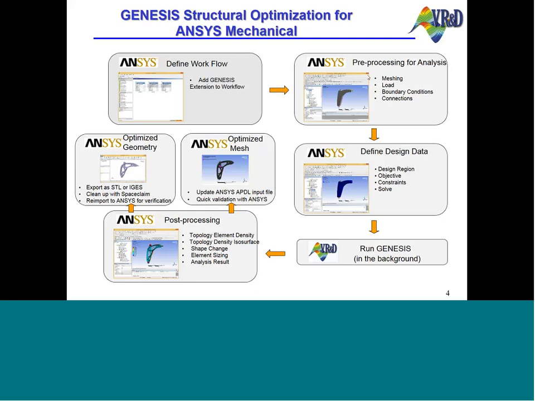And then the user will go to the ANSYS Mechanical to do the pre-processing for the analysis. For example, they define the meshing, define load and boundary conditions, and then they can move to the Genesis toolbar to define the design data. The design data include design region, objective, and constraints.